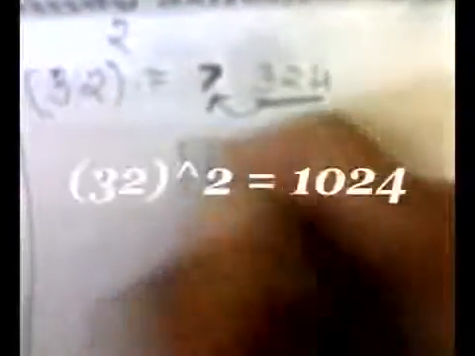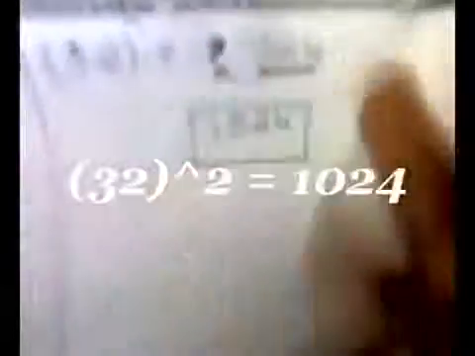It's 324, correct. Now here again we get 3 digits, so we'll put 24 as it is and we'll add 3 to the 7, and 7 plus 3 is 10, so we have the answer 1024.